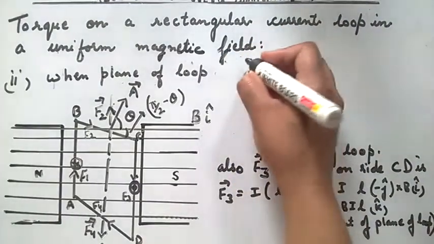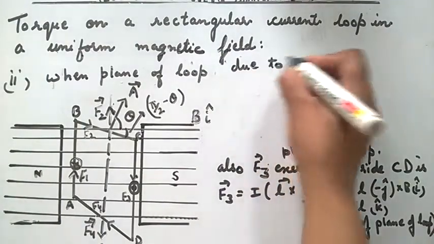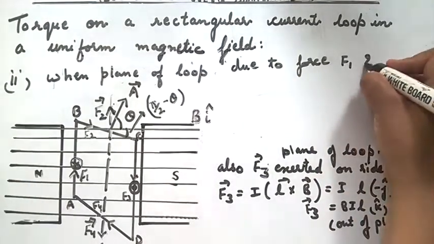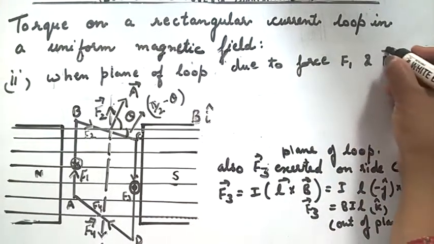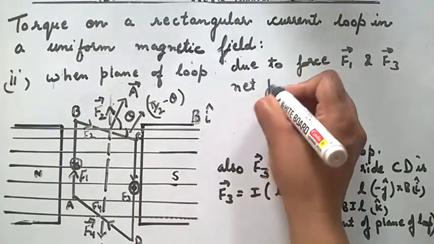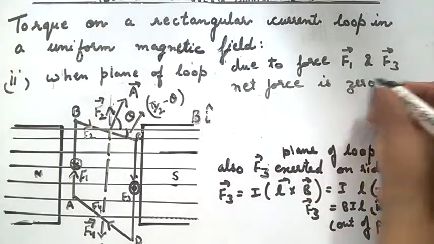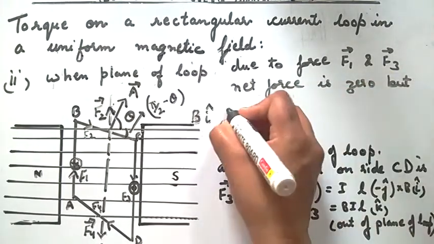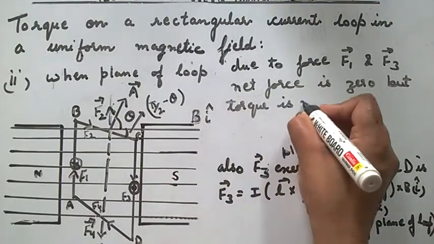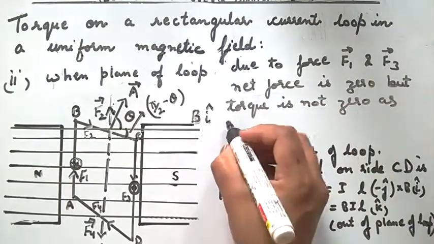Due to forces F1 and F3, the net force is 0, but the torque is not 0, as these forces are not collinear.